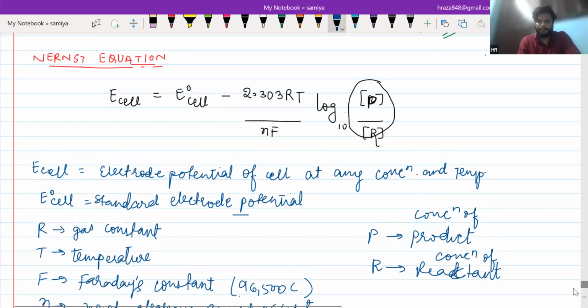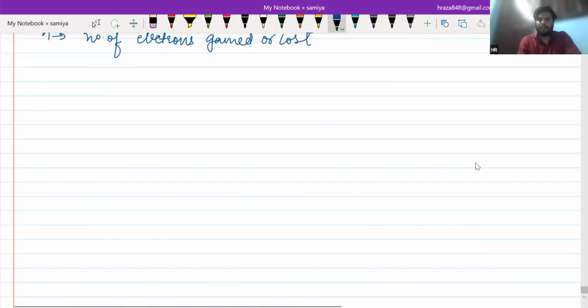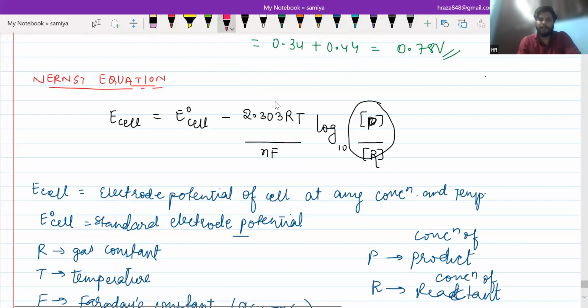Now see, I'm just going to put the value of gas constant R and temperature. I will take the standard condition, that will be 298 Kelvin, and Faraday's constant, as we know these values.